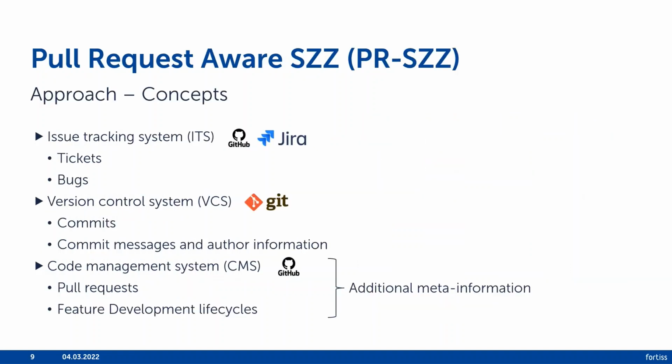So to recap, the traditional SZZ approaches only use issue tracking systems and the version control system to find fixing commits and trace inducing commits. We try to use additional meta information from code management systems such as GitHub, especially pull requests and feature development lifecycles, to allow for a more fine-grained analysis of defect data sets.